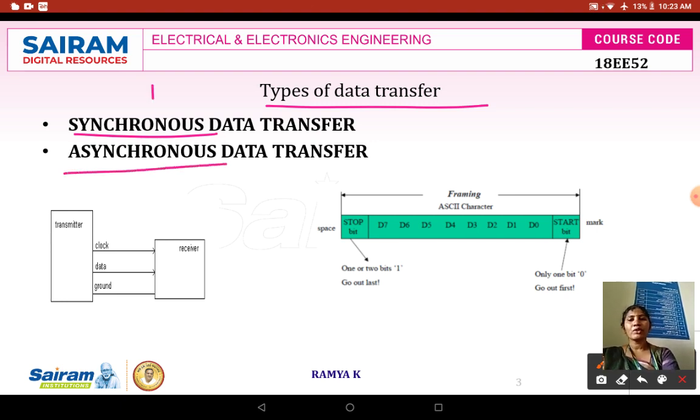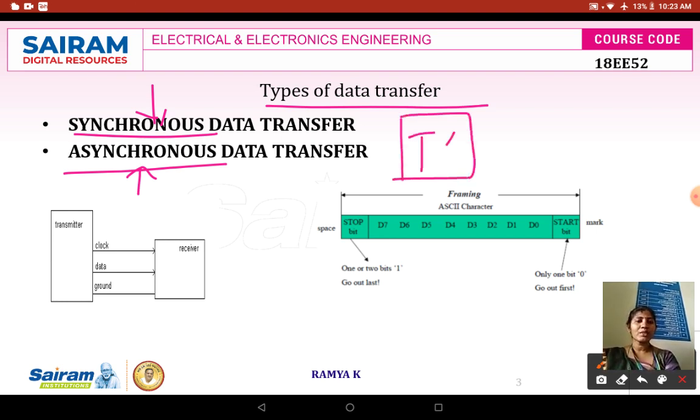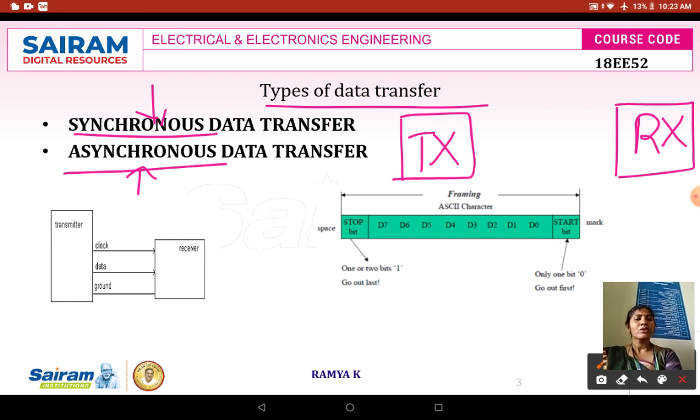The difference between your synchronous and asynchronous: during data transmission, there will be a transmitter. The transmitter is represented with TX, and we are going to have a receiver, which is represented with RX. So when you transmit the data from the transmitting end to the receiving end, the data will get transferred.